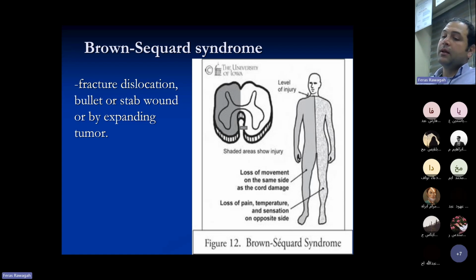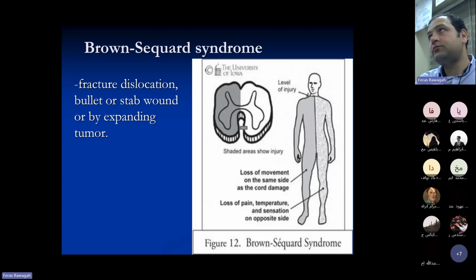What will happen here? The tracts are different, ipsilateral or contralateral, because pain and temperature are transferred in the contralateral part of the spinal cord, while the posterior column, the vibration, proprioception, and fine touch, and the motor are transferred in the ipsilateral part.